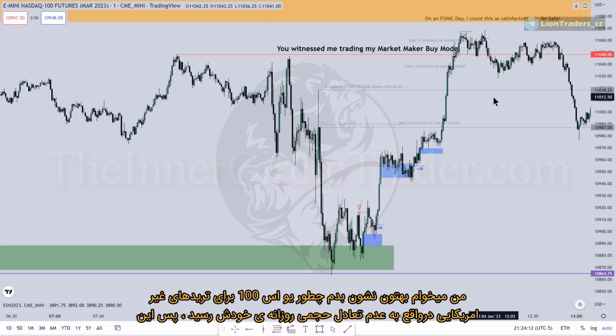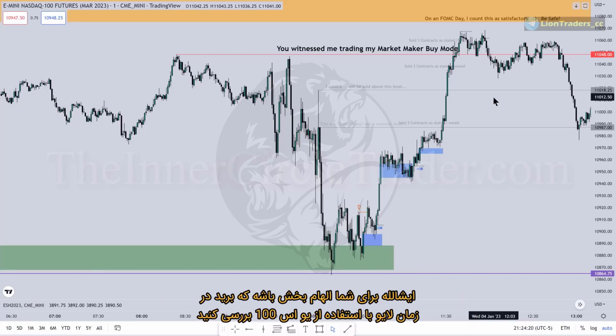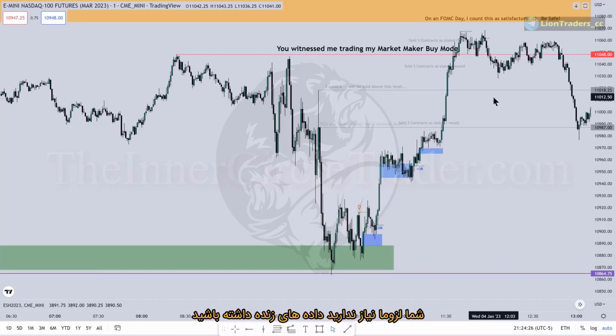I'm going to show you how the US 100, for non-US traders, actually went to its daily volume imbalance. So it'll hopefully be an encouragement for you to study in real time using the US 100. So you don't necessarily have to have real time data. And I'm taking the liberty based on what I believe.